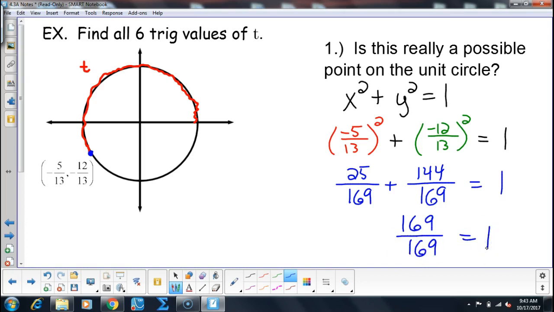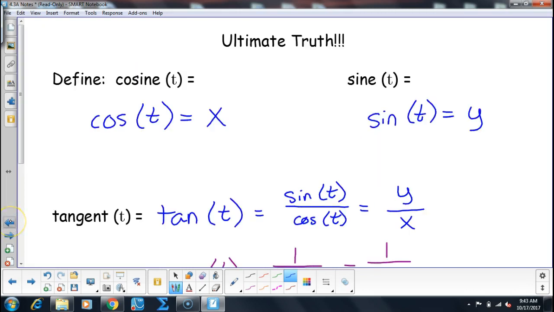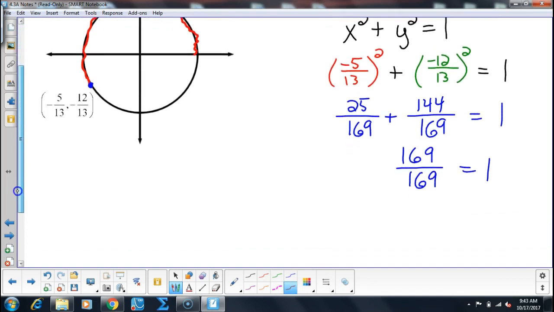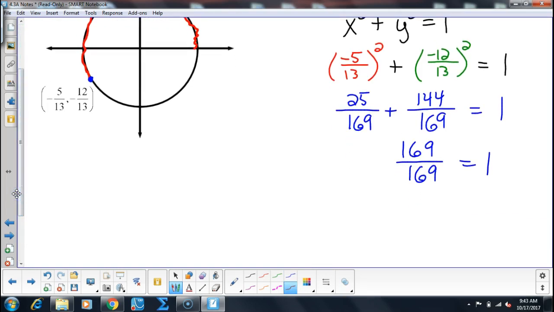So is this point on the unit circle? Yes. Since it's on the unit circle, now we can utilize all of these relations to find our 6 trig functions. So my question is, what is the cosine of t?